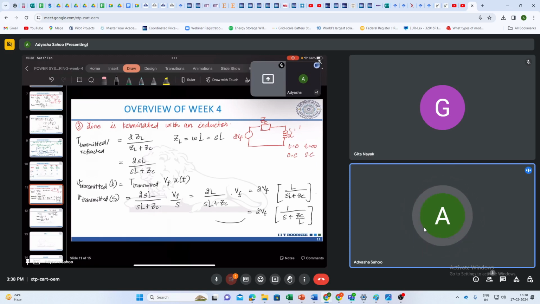So now let me take the inverse Laplace to convert it into time domain. Then I'll get V transmitted of t as 2V_F e^(−(Z_C/L)t).